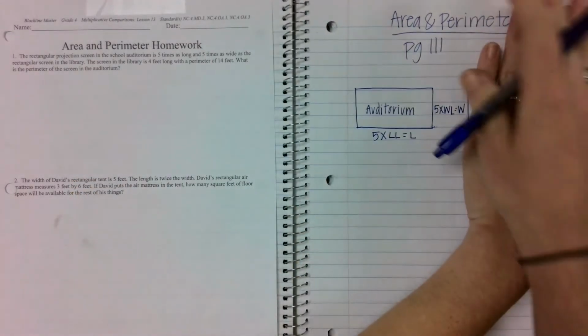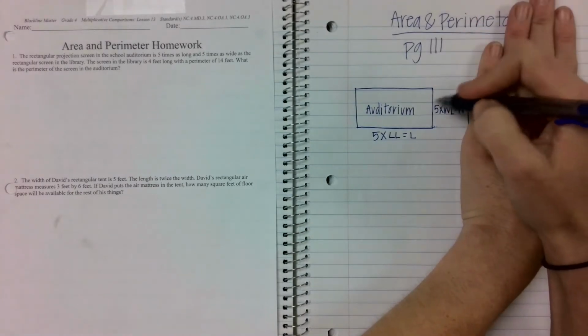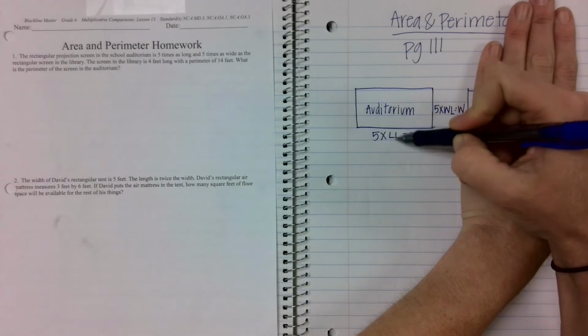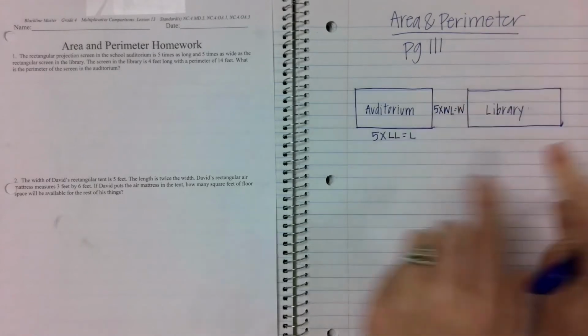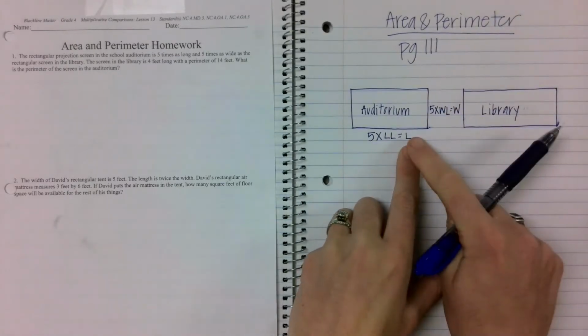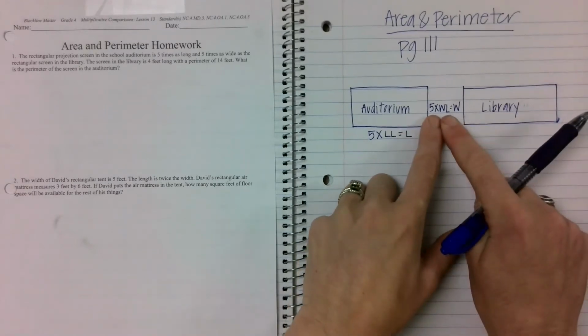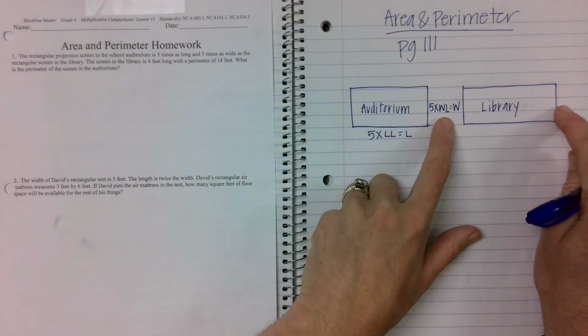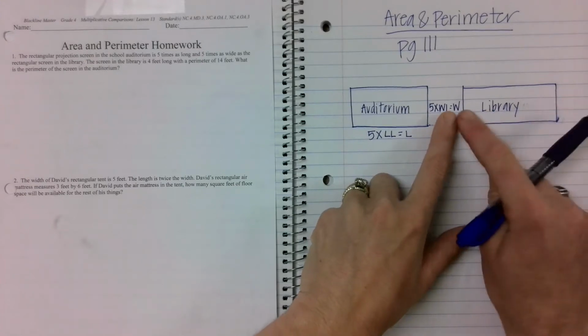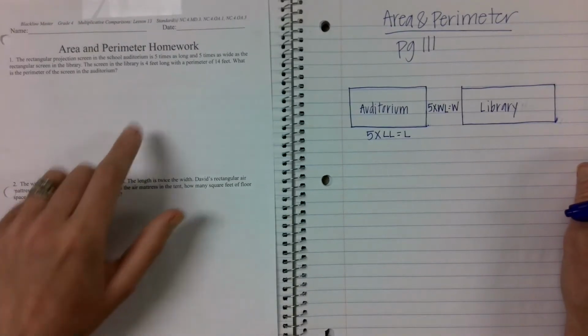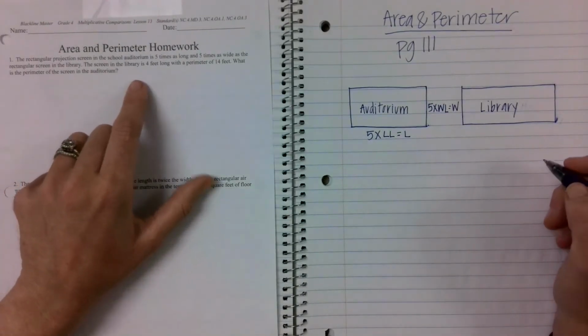Okay, so let's look just here. What I'm saying is 5 times our length of our library is going to equal our length of our auditorium. 5 times the width of our library is going to equal the width of our auditorium. Hopefully it makes a little bit more sense in a little bit.